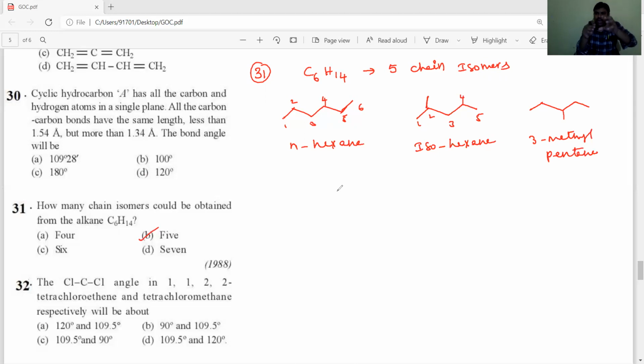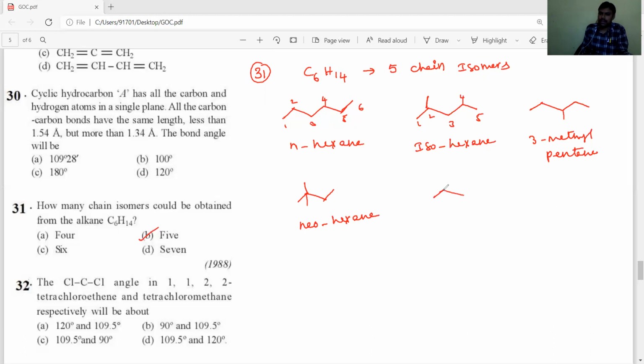Now 1 carbon atom, 5 I am taking in a straight chain and 1 substituent I am taking. Now 4 I will take in a straight chain and I will take like this. This is neohexane. Neohexane is the common name, or if you want the IUPAC name, it is 2,2-dimethylbutane.